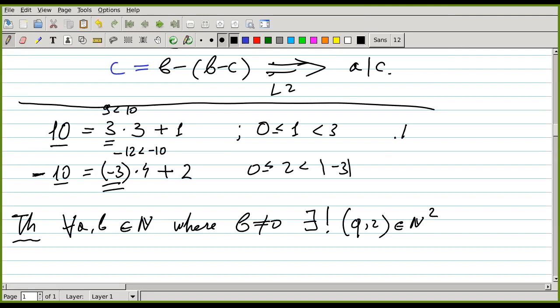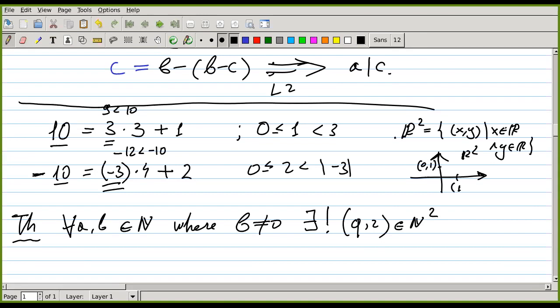R squared is a set of all ordered pairs. We will define this concept formally a little bit later. This is the set of all possible pairs of real numbers, like plane coordinates. They are ordered. That means that the pair 0, 1 and the point 1, 0 are distinct.